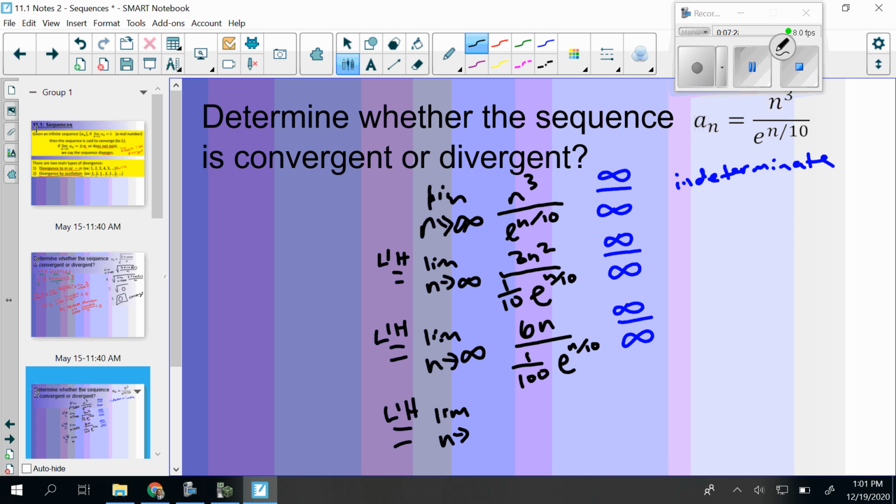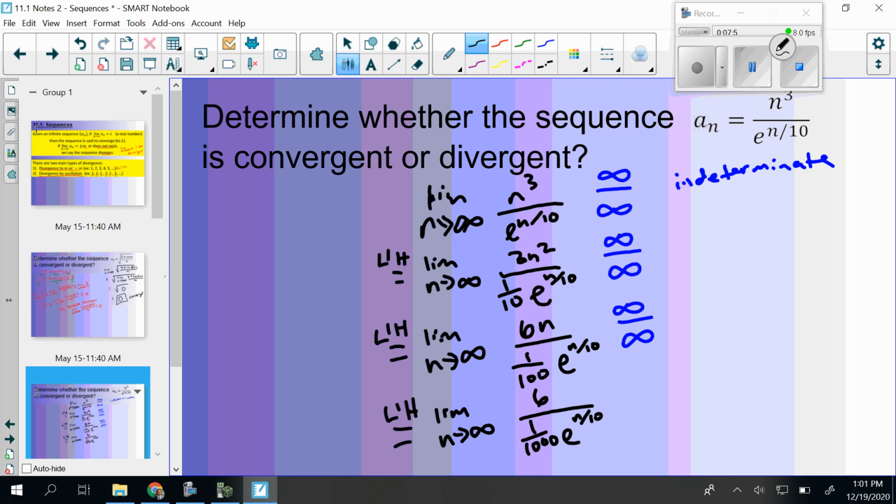And I think this time we're going to get to where we want here. Derivative of the top is 6. The derivative of the bottom, using chain rule again, there's going to be another 1 over 10. So this is going to be 1 over 1,000 now, e to n over 10. But still, as you're going to infinity, that bottom's still going to be very large. But the top's now 6.